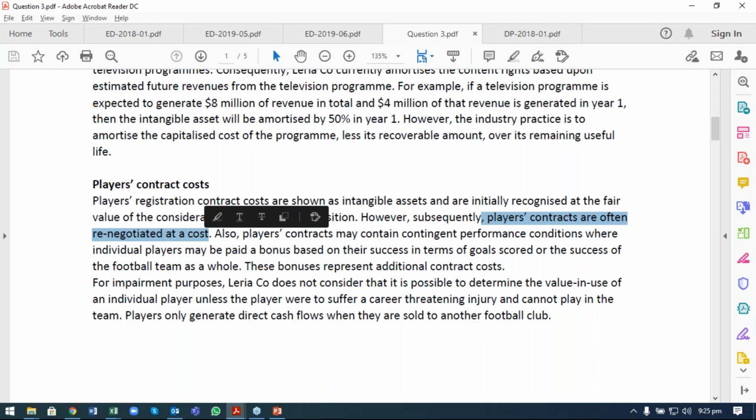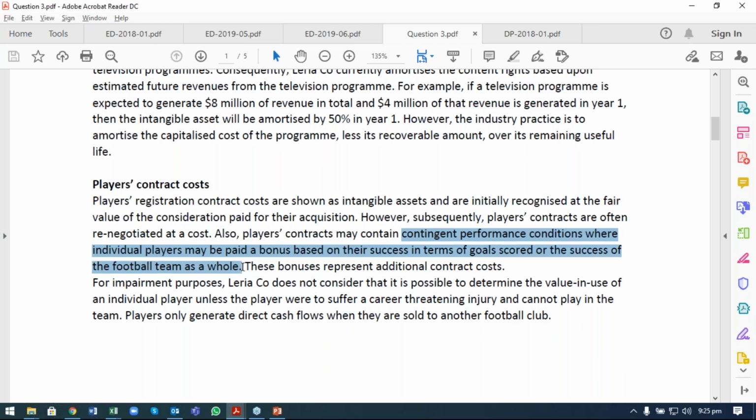Second thing is, a player's contract may contain contingent performance conditions where an individual player may be paid a bonus based on the success in terms of goals scored or the success of the football team as a whole. I'm going to give you a reference with respect to IFRS 3.